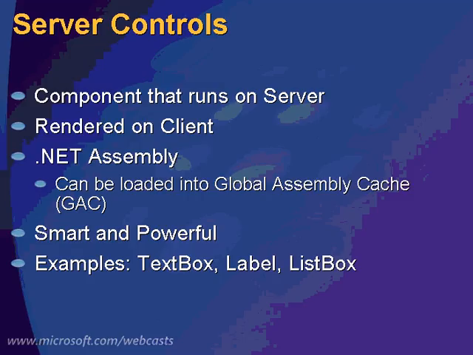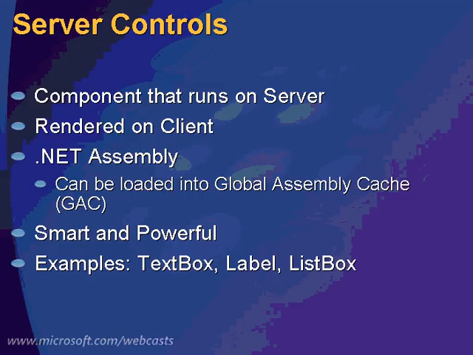Now, it wouldn't be much good if the server controls were just the ones that you saw. In a lot of cases, a server control might perform some of the functions that you need, but not all of the functions. So what we've done is made these server controls extensible.